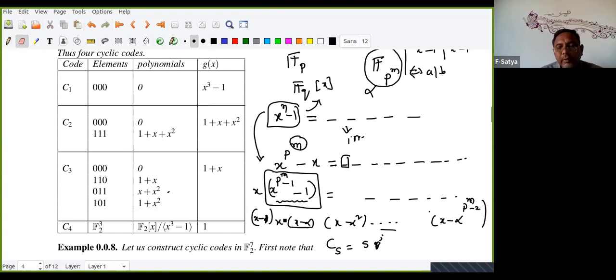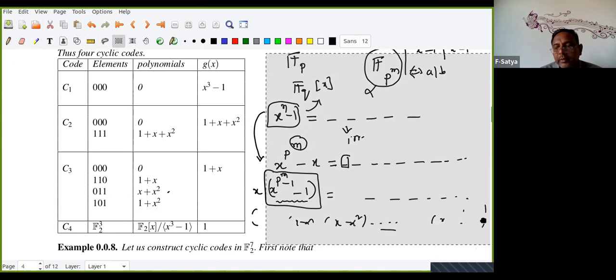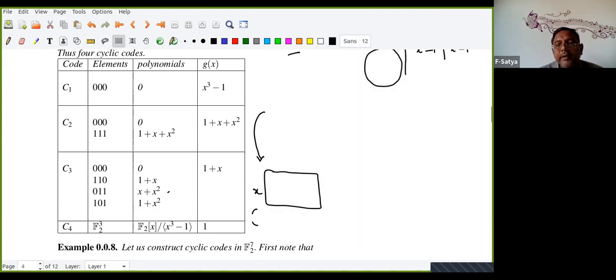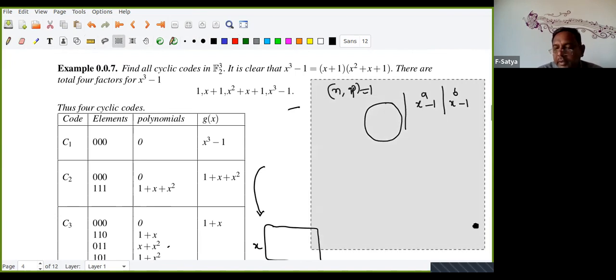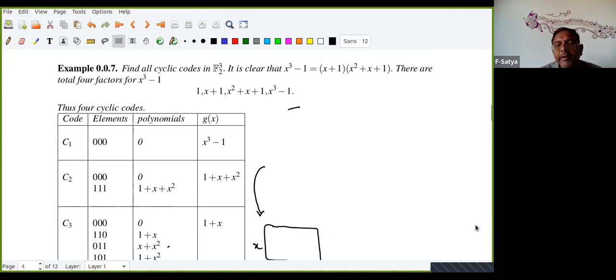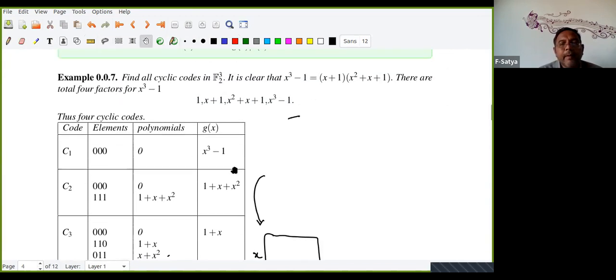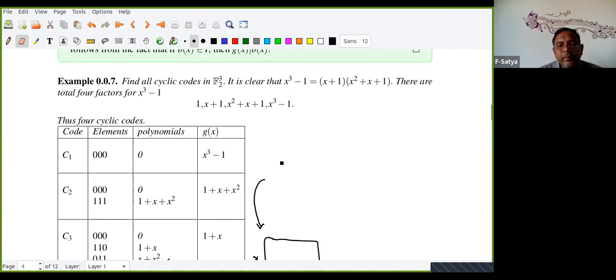I request you to go through them. It is very interesting, provided you review once. I could tell you without cyclotomic cosets, but it will benefit you; you will understand more why people work with cyclic codes, and it will be much easier. Sorry for this deviation.